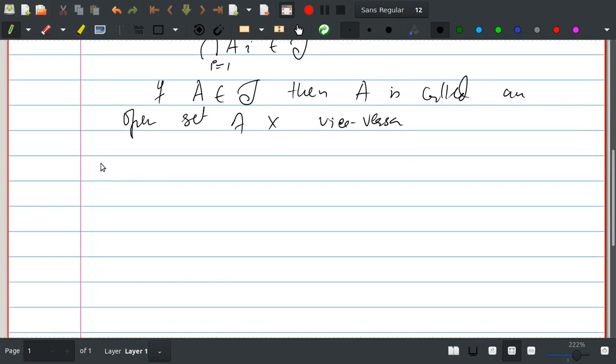So this is the definition for the basis for a topology.